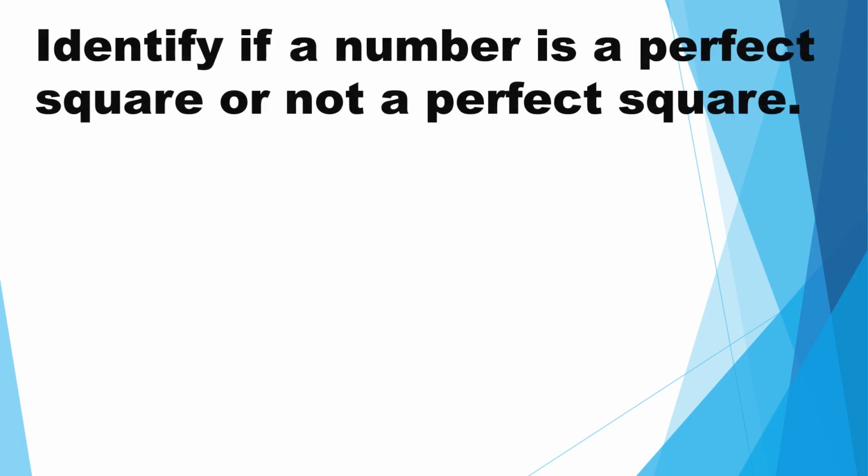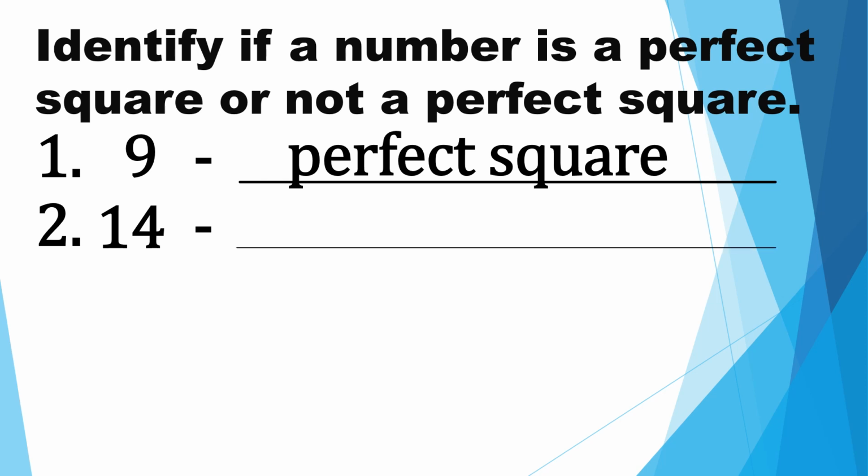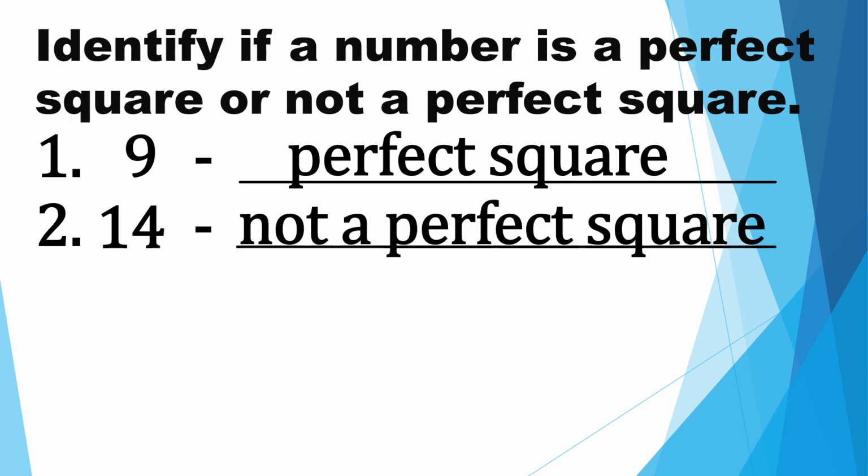Identify if a number is a perfect square or not a perfect square. Number 1, 9. 9 is a perfect square. Number 2, 14. 14 is not a perfect square.